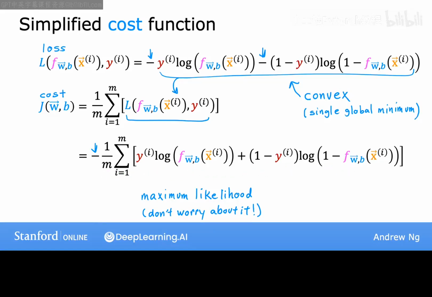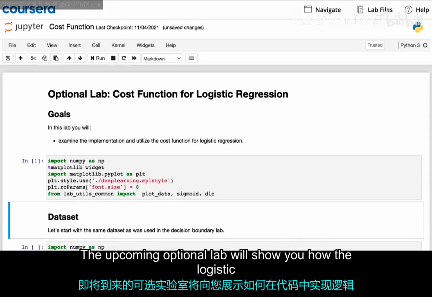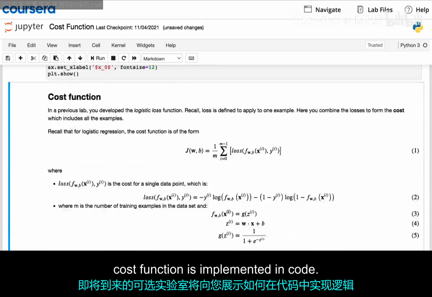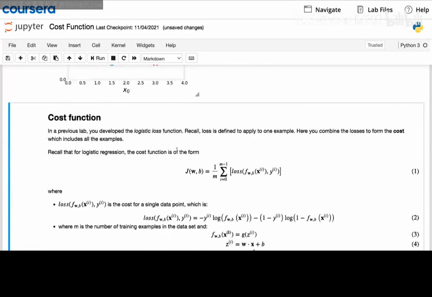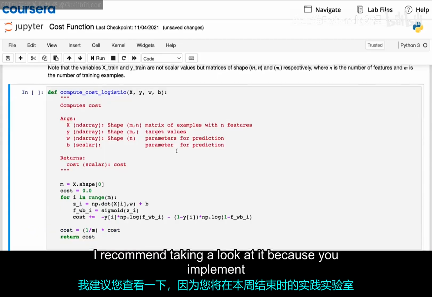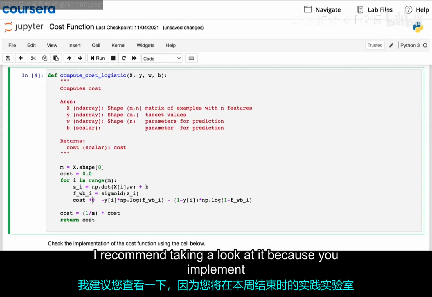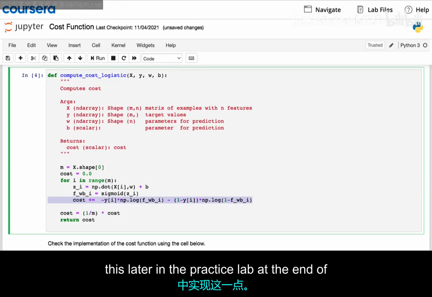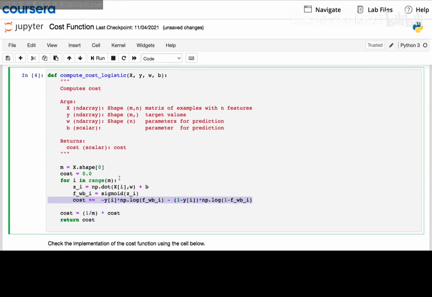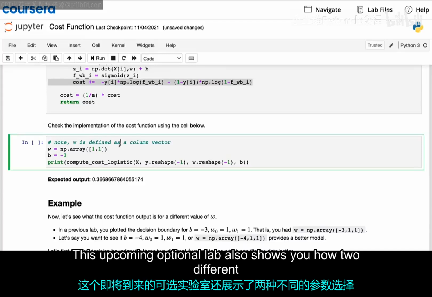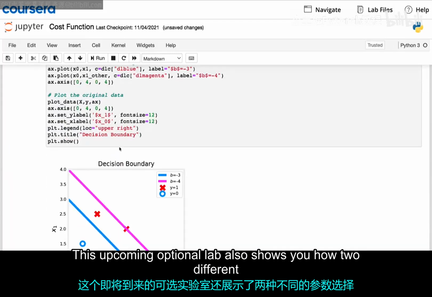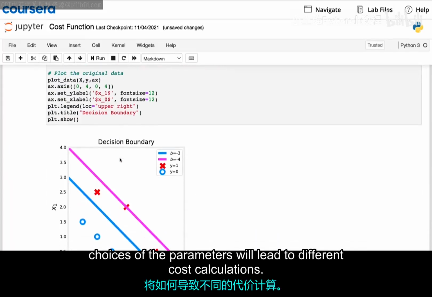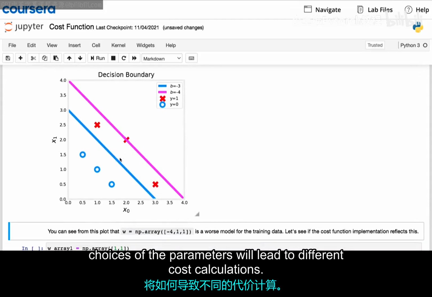The upcoming optional lab will show you how the logistic cost function is implemented in code. I recommend taking a look at it because you implement this later in the practice lab at the end of the week. This upcoming optional lab also shows you how two different choices of the parameters will lead to different cost calculations.